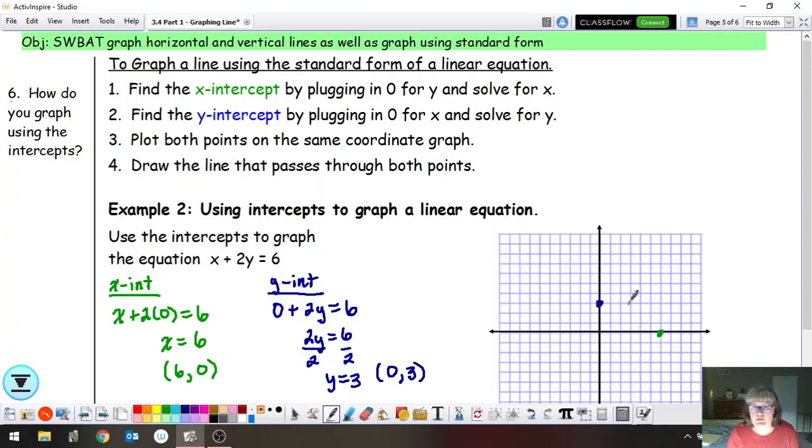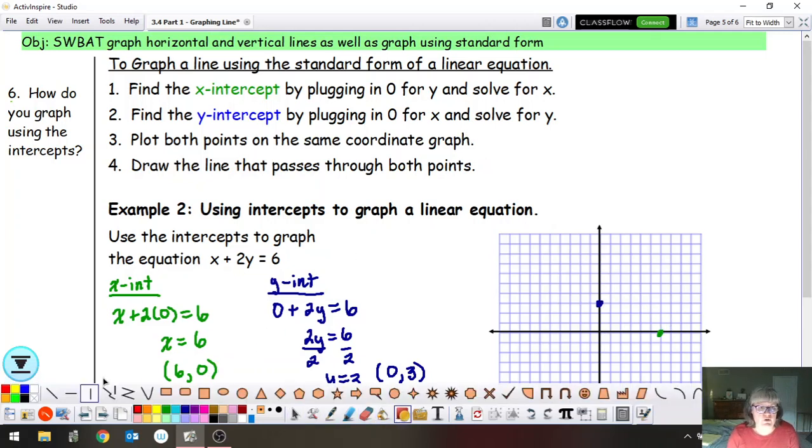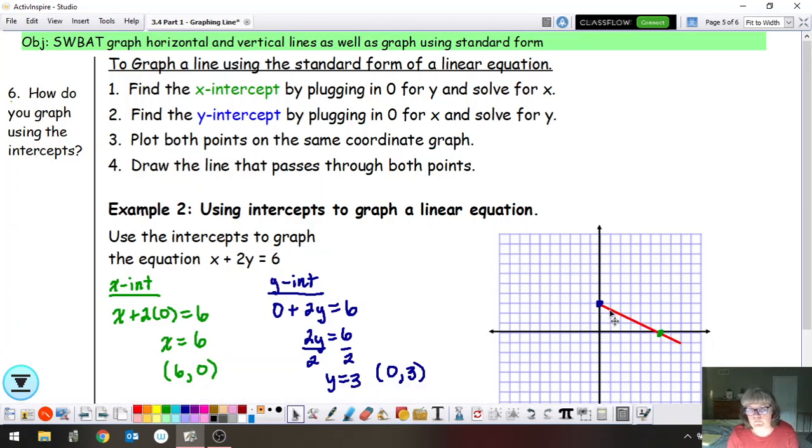I have my x-intercept, I have my y-intercept. I've plotted them on the same graph. And now I can draw a line through the 2 points. And of course, because it's a line, I need arrows on each end because it's going to extend in each direction.